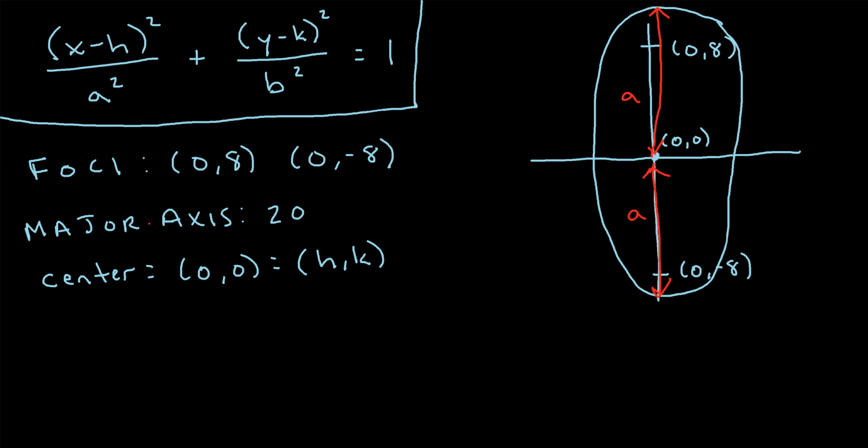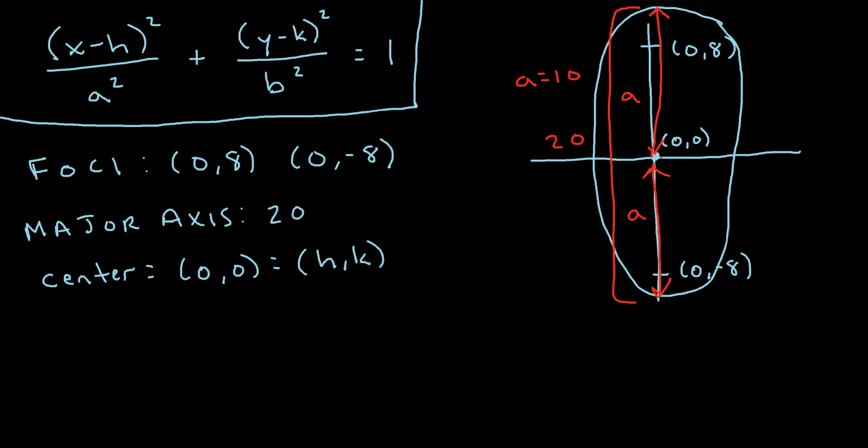Now we are told that the major axis length, or in other words, the entire distance from one vertex to the other, is equal to 20. So that means the distance of a would just be half of this length, or in other words, a is equal to 10. So to go from the center to this vertex, we have to add 10. And to go from the center to this vertex, we would have to subtract 10. So we have a is equal to 10.